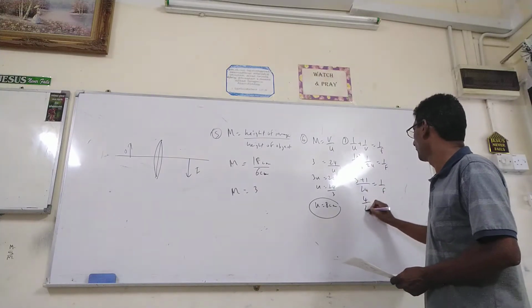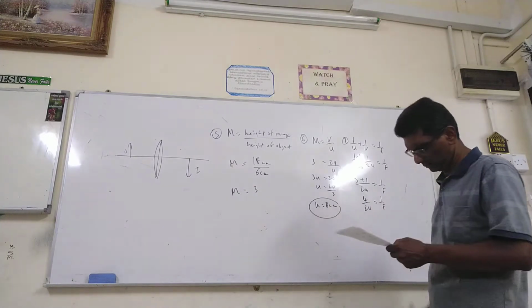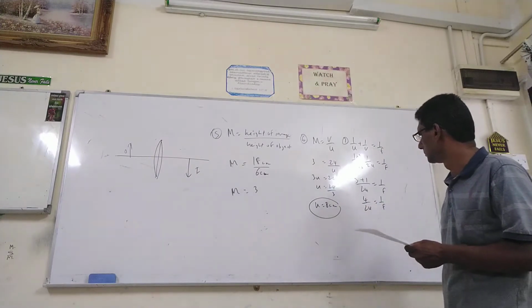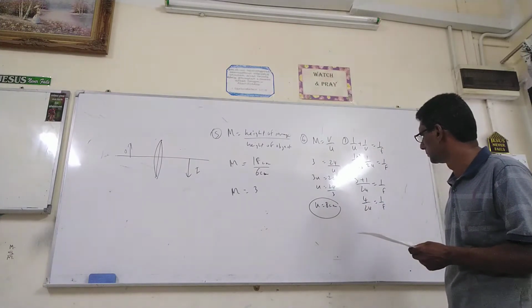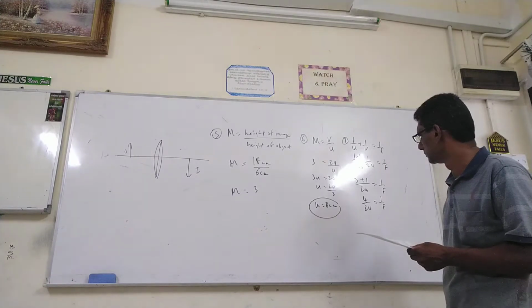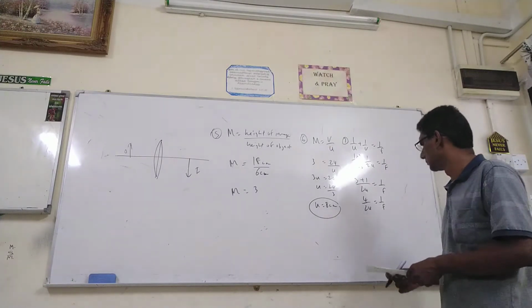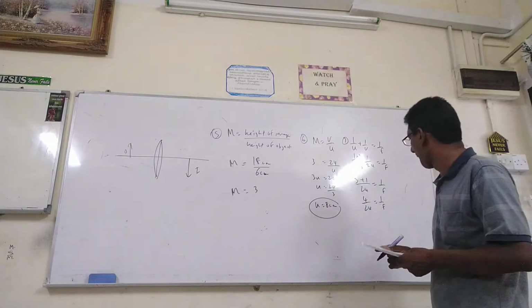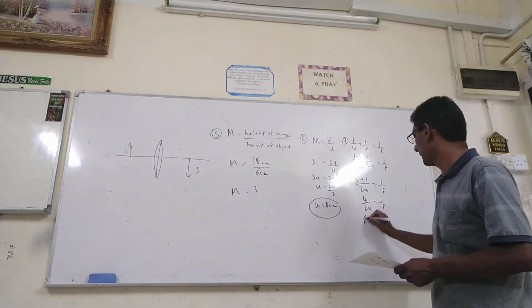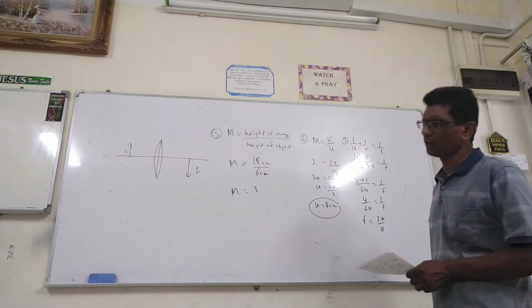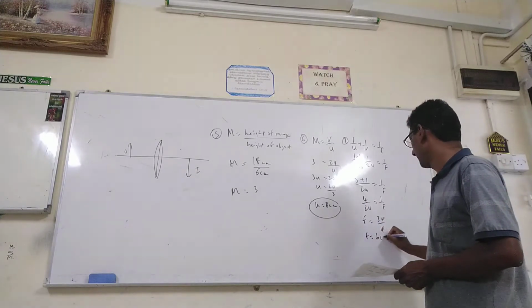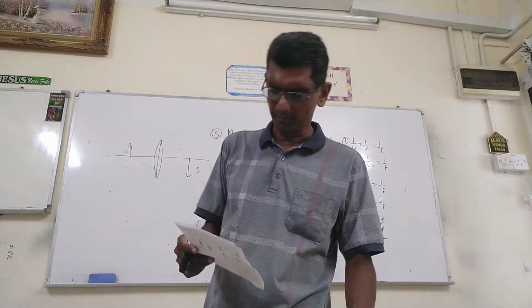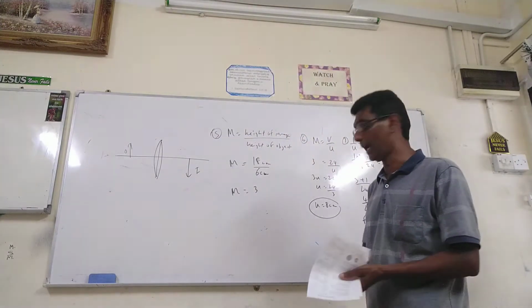So 4 over 24 equals 1 over f. Cross multiply: f equals 24 over 4, which is 6 cm. So f must be 6 cm.